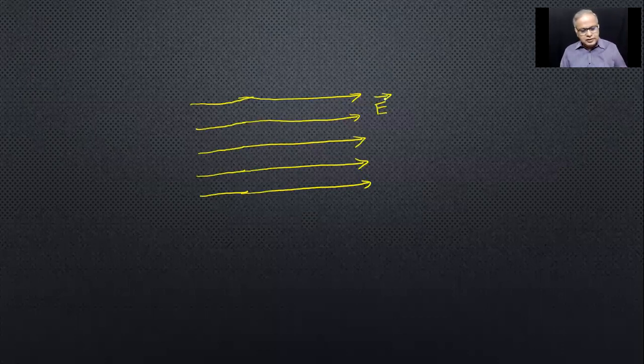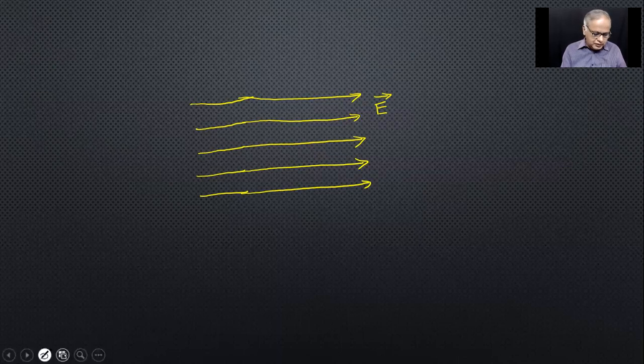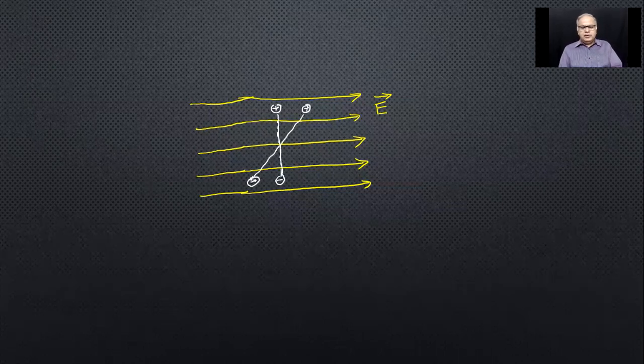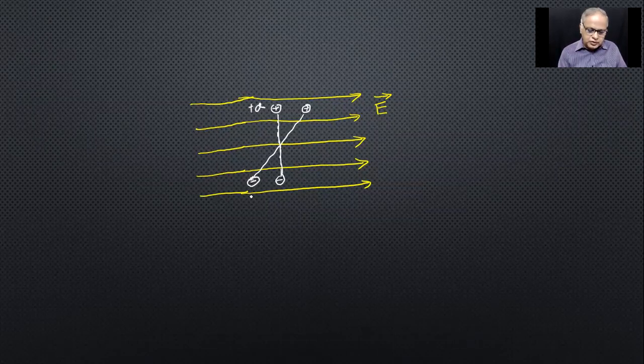Now, the dipole is turned here. Supposing the initial position was here, the dipole was turning because of the torque applied by the electric field. This is Q. This is Q. The length we took as L.